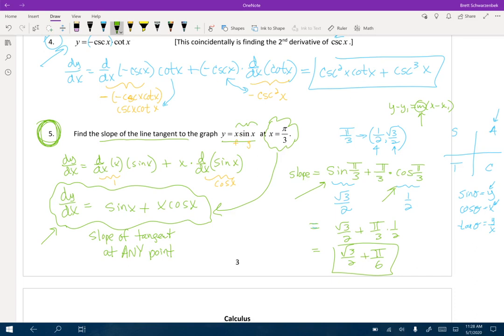But in any other scenario, if you're finding trig evaluations, I want the exact answer, which is going to be all fractions and pis and radicals, all the wonderful goodness of trig. I do not want to see the approximate answer, which is the decimal. So this is what I'd be looking for as the slope of the line tangent to that function at pi over 3.